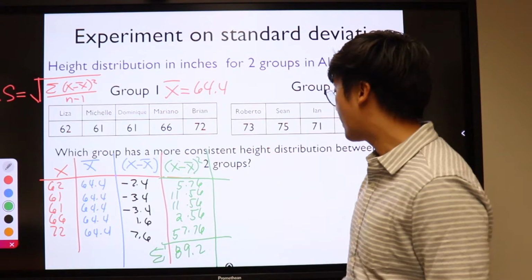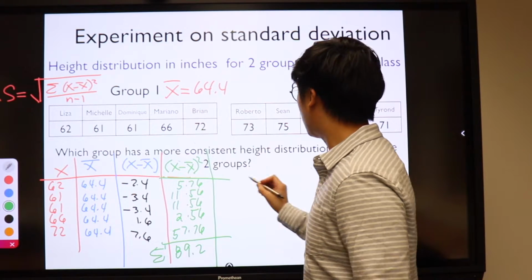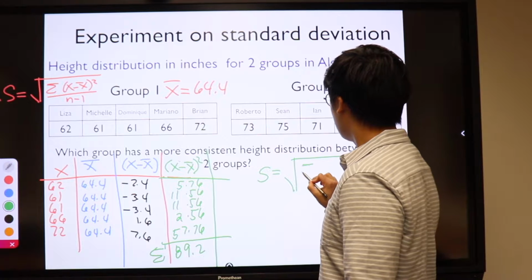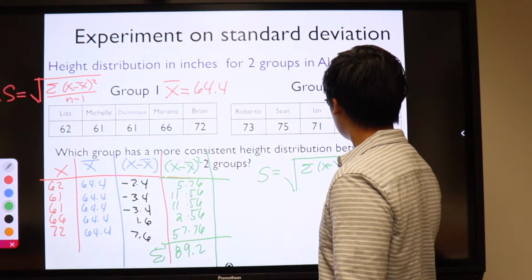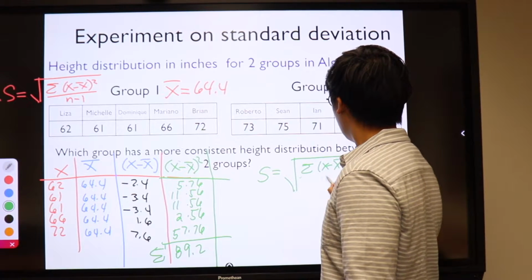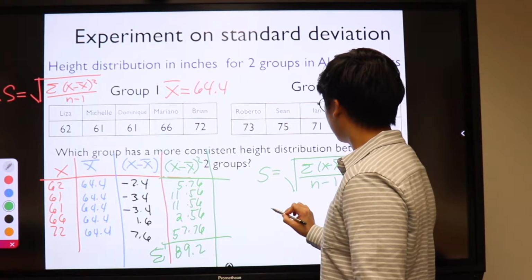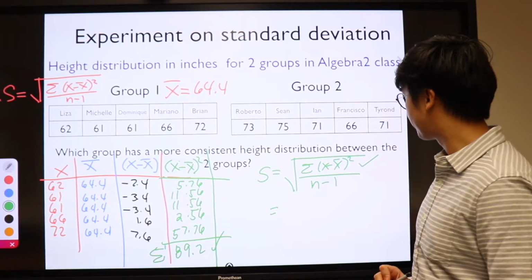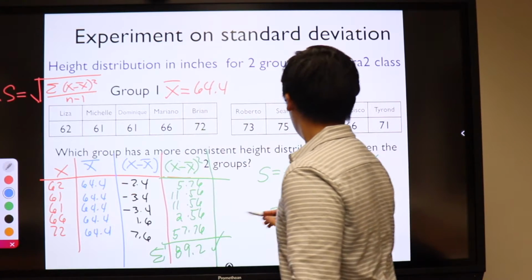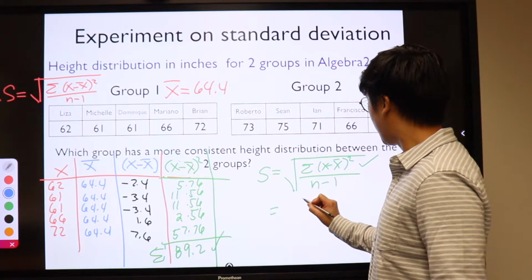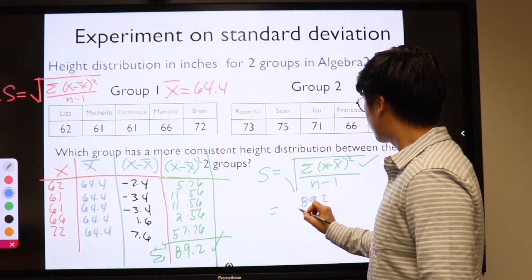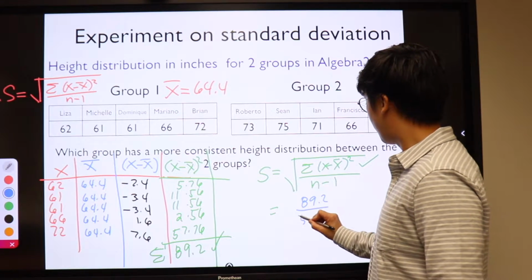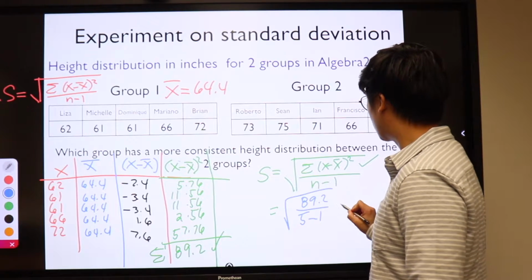Alright. So now that I have my 89.2, I'm going to use the formula for s, which is the square root of the sum of the squares all over n minus 1. So I have 89.2 all over n minus 1, which is 5 minus 1, and then take the square root of that.